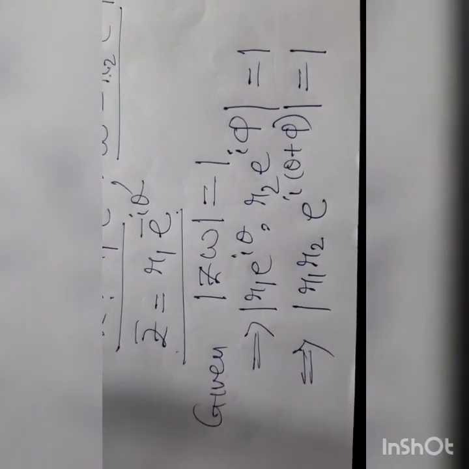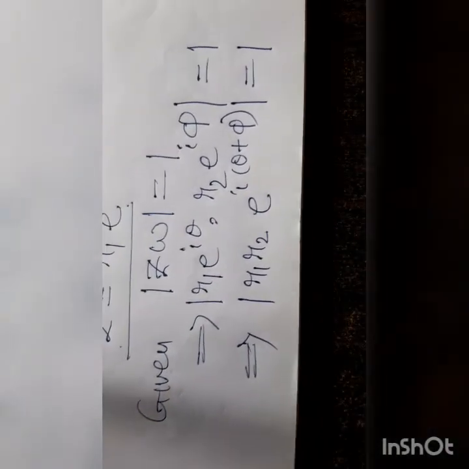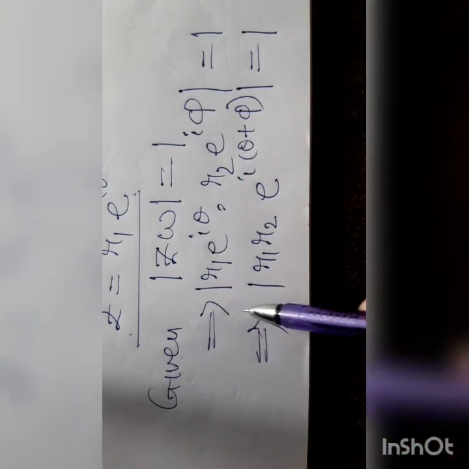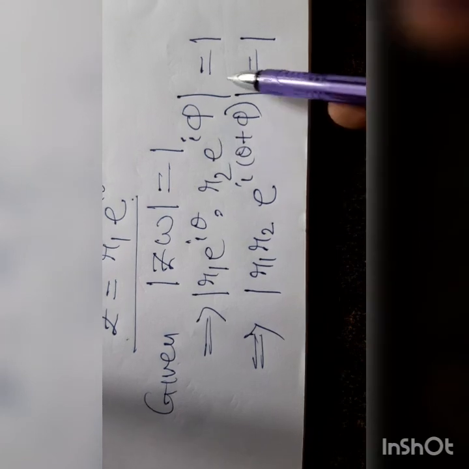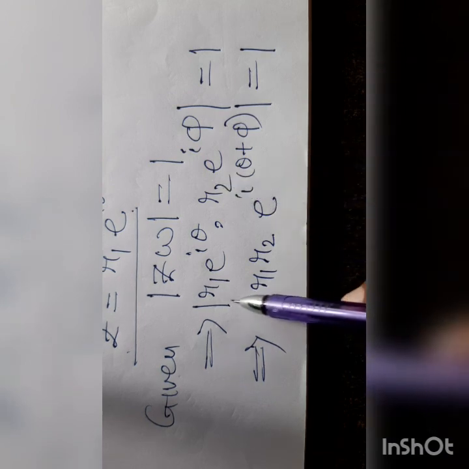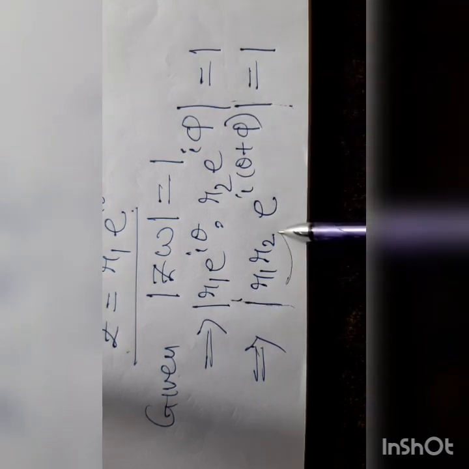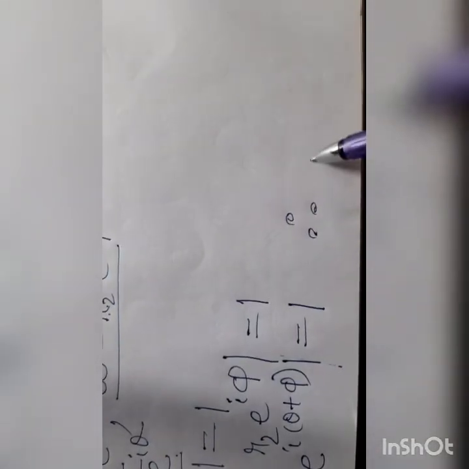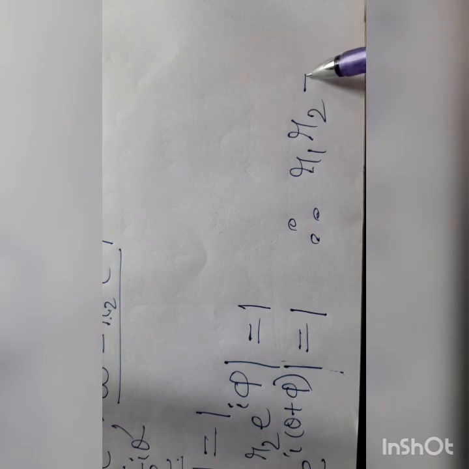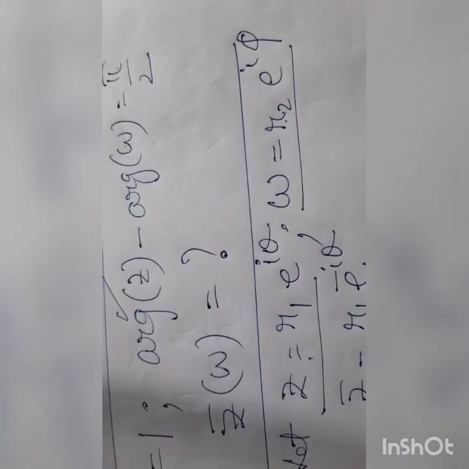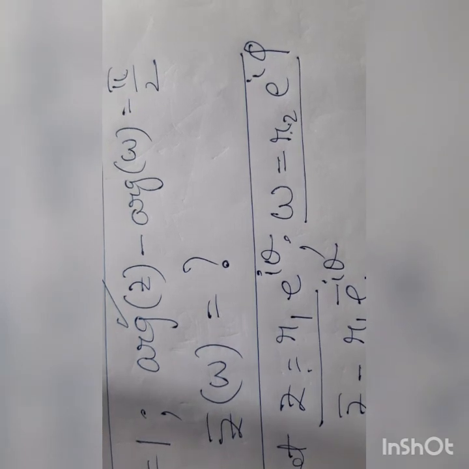Please observe here: I have substituted and got this, which is one complex number. What is the modulus of this? The modulus of this is r1 r2 only. Therefore r1 r2 equals 1.